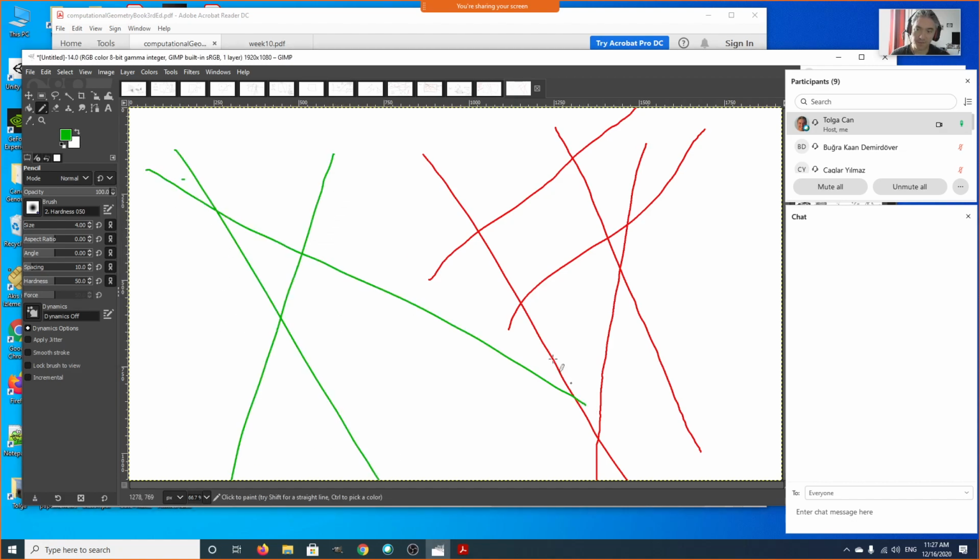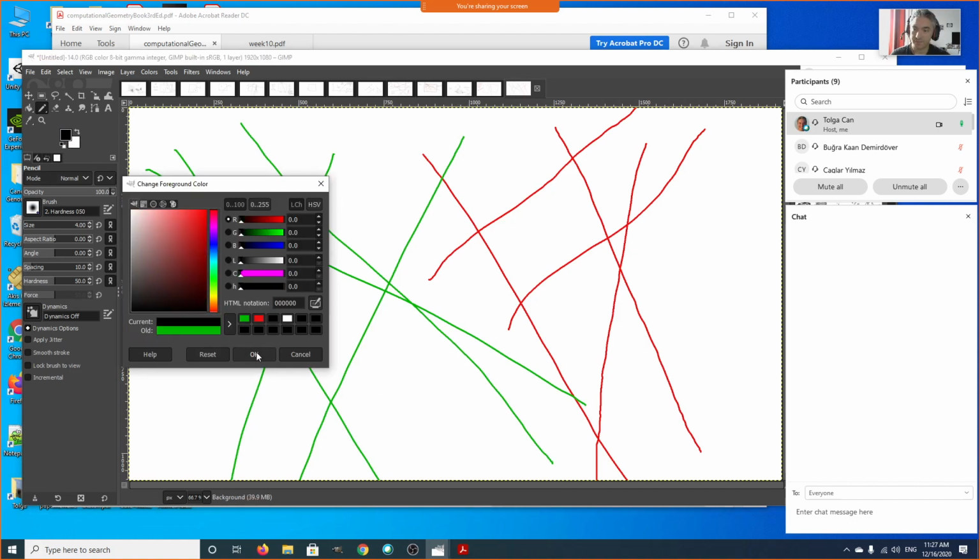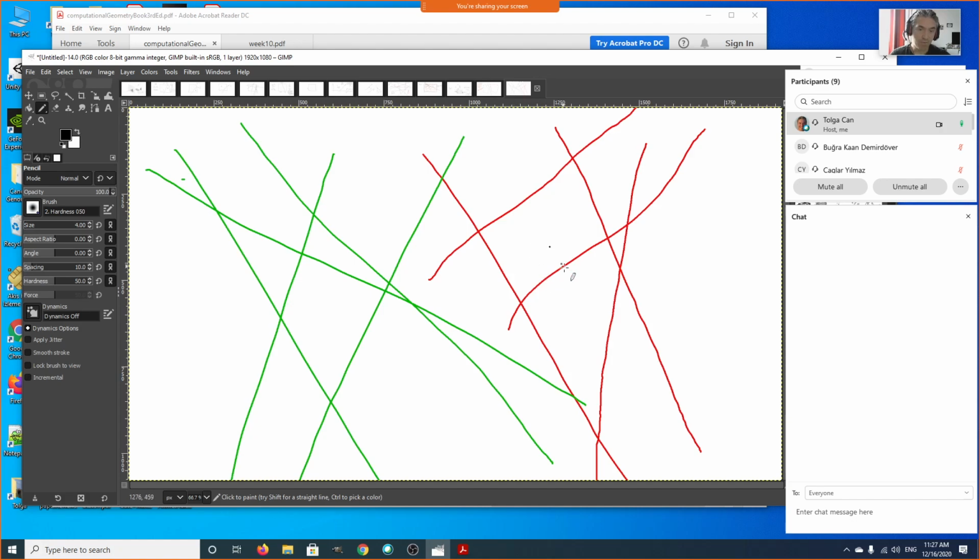Now what I'm looking for in this dual space is a point, below all of the red lines and above all of the green lines, or vice versa. In any case, I want a point that is above all of one set of lines and below all the other set of lines.